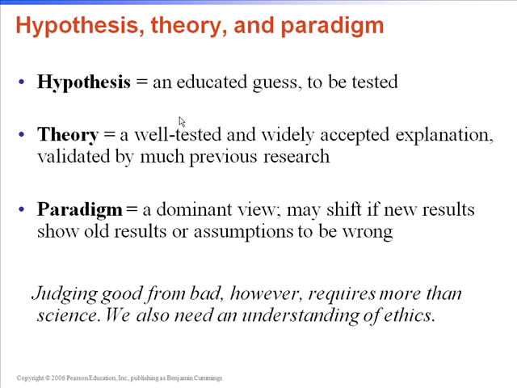A theory, while it sounds like it's a tentative explanation, is a very well tested and widely accepted explanation in science. So when we use the word theory, it's not just I have a theory about how that works. It's something that's got a lot of peer review and published data, and wide agreement in the scientific community.